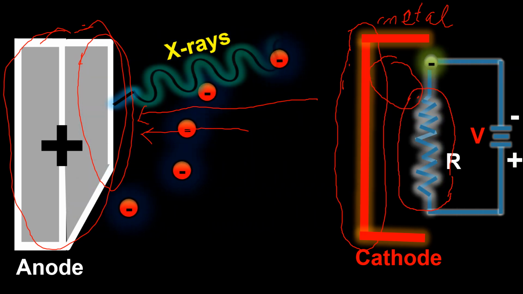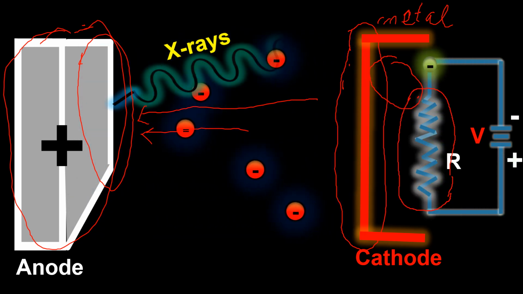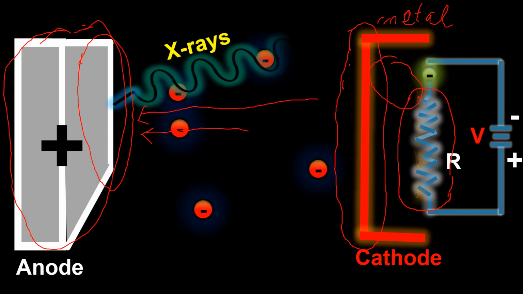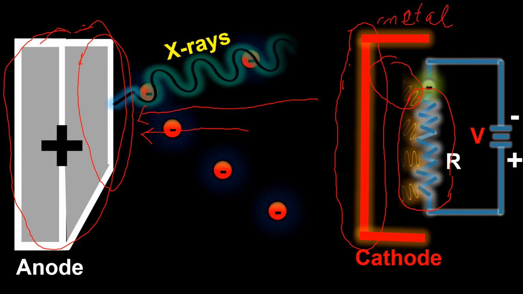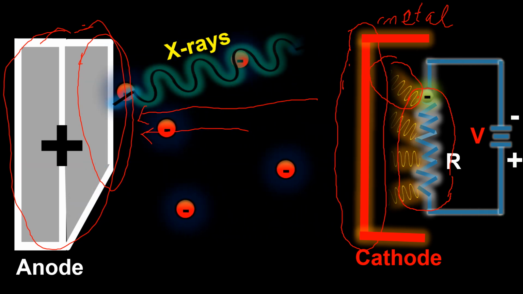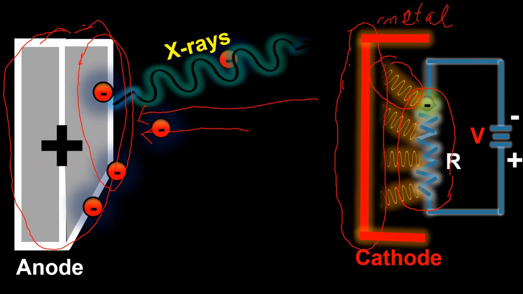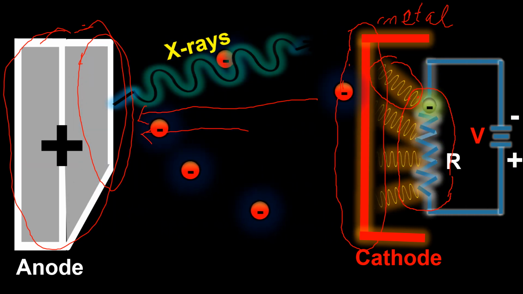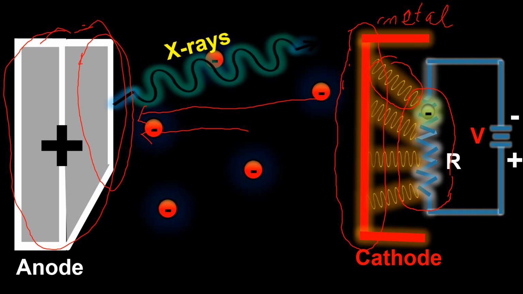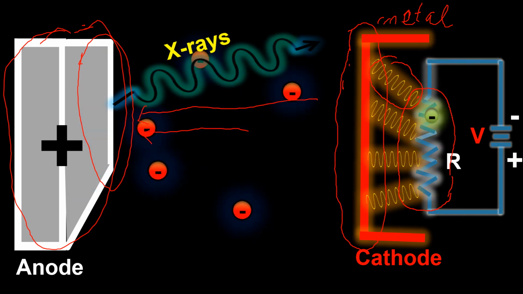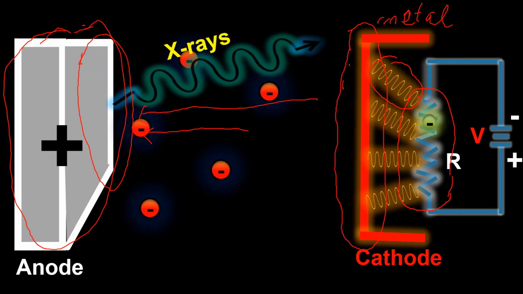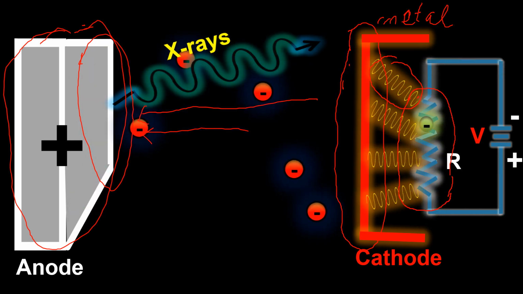So this means that if the stream of electrons which come from the cathode toward the surface of the anode decelerates on the surface of the anode, then they will result in an emission of continuous or breaking or bremsstrahlung radiation.